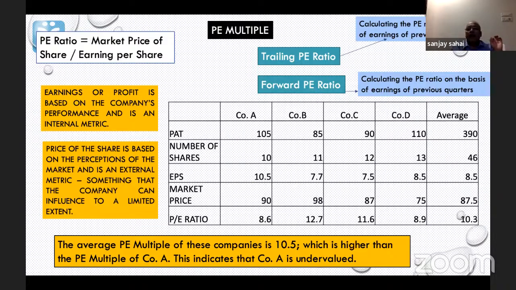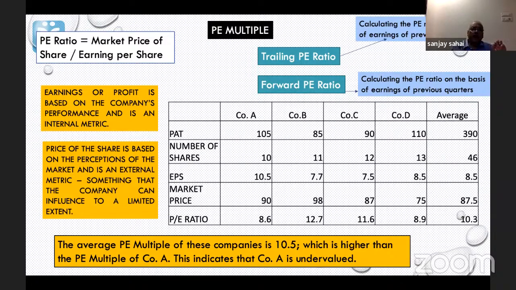But if I try to calculate on the basis of the future, on the basis of projections, then I'm calculating a forward PE ratio. So that is just something to keep in mind. Obviously, if you're going to calculate something based on future projections, those projections have to be pretty good. Otherwise, it will not work.